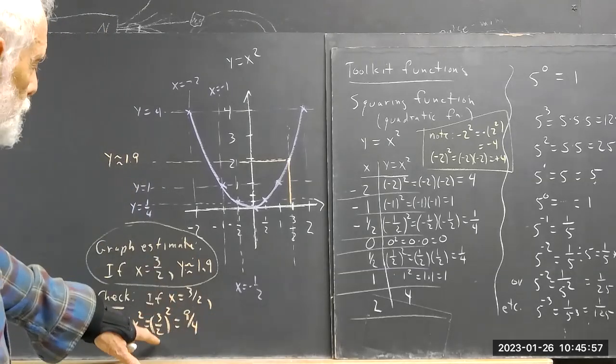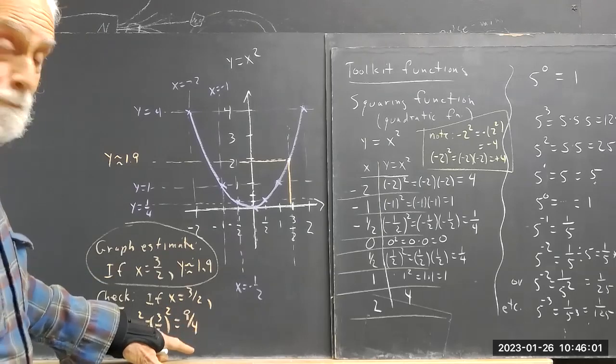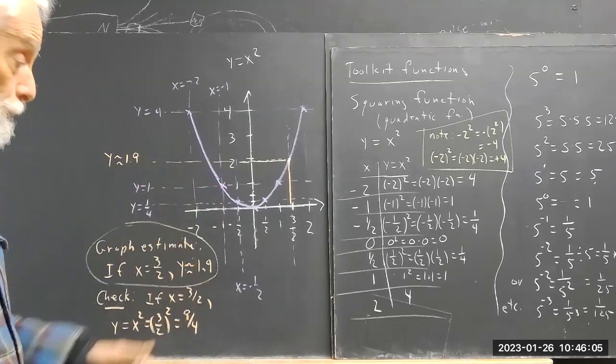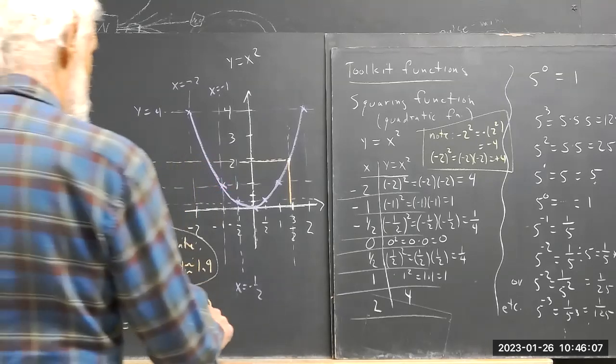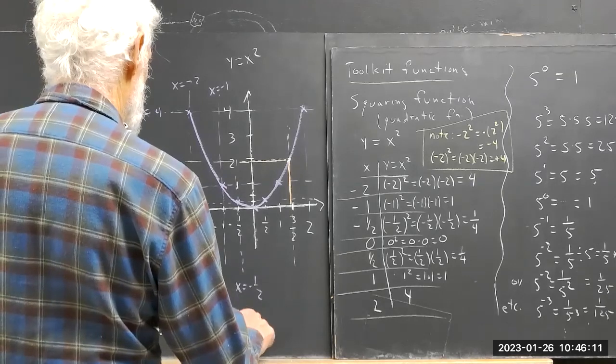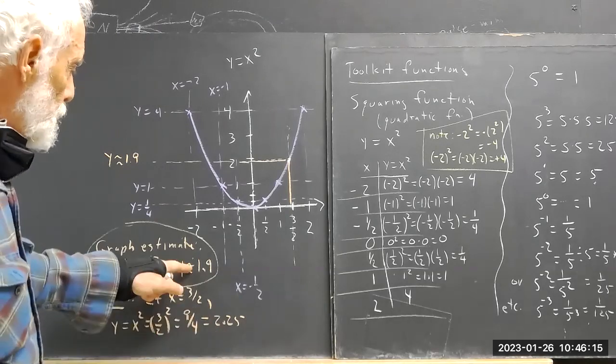If X is 3/2, if you square 3/2, you get 9/4. 3/2 times 3/2, 3 times 3 over 2 times 2, 9/4. Which is 2.25. So my estimate was off.